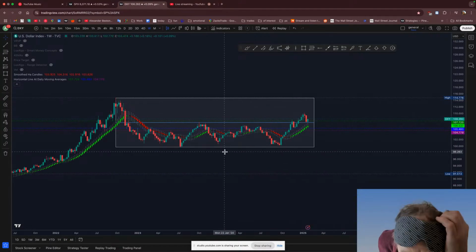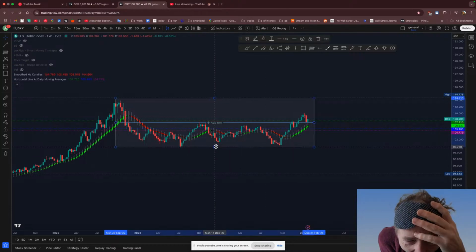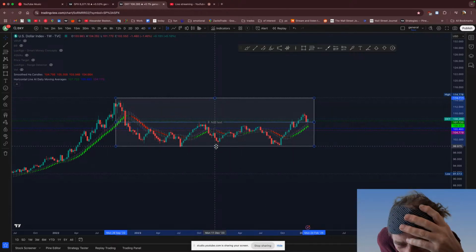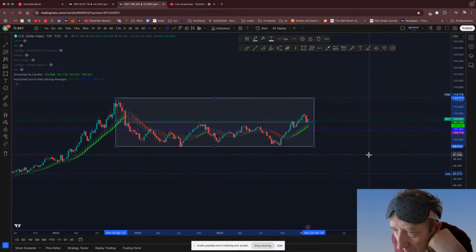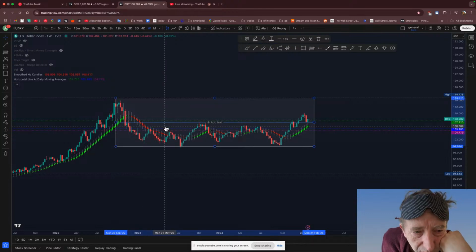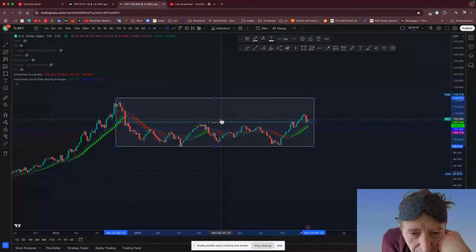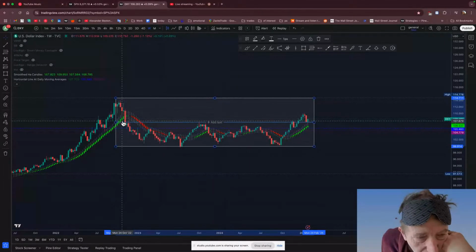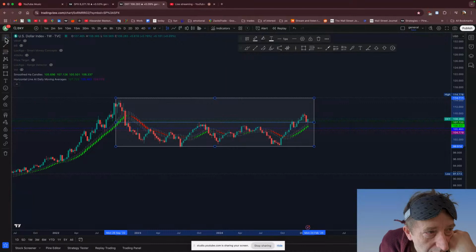And we seem to be kind of around this range here, 99.14 to high there. But actually, since 2022 it seems to be really going in a range probably more like here.